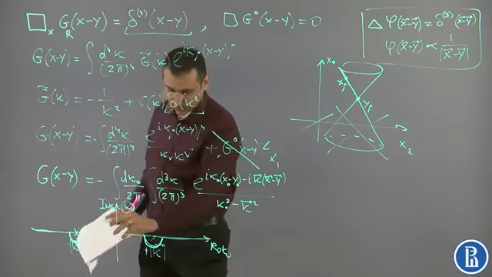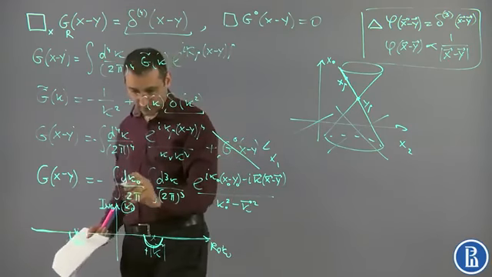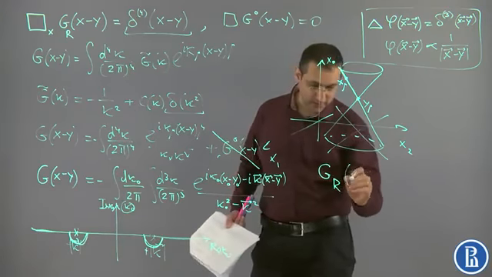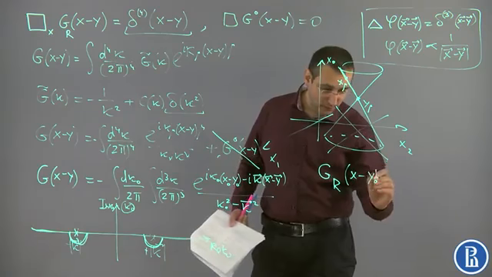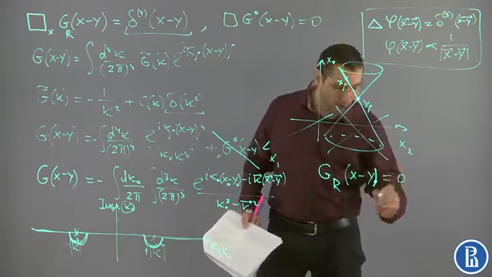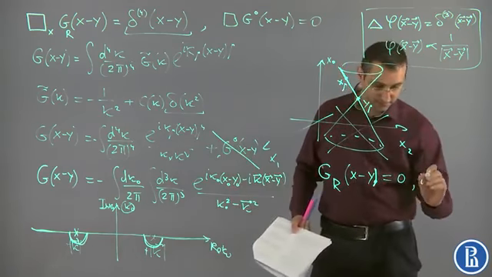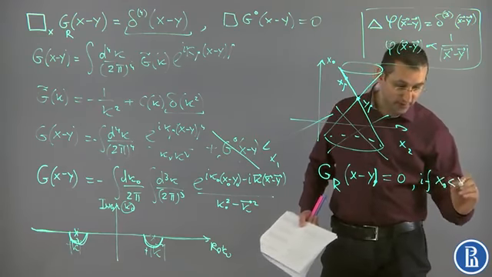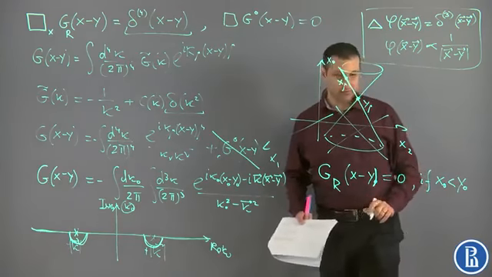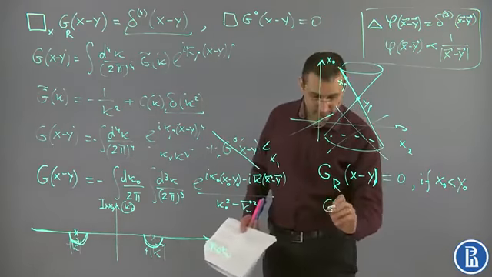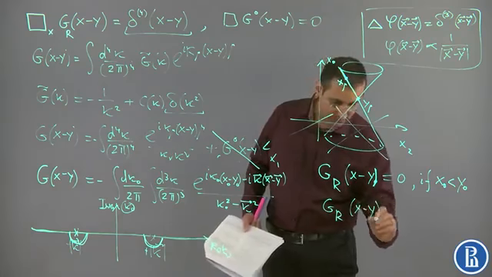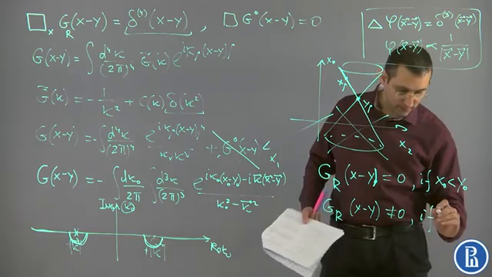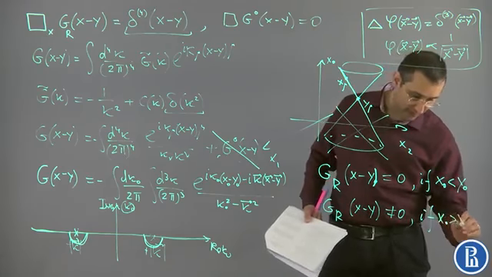So if we define the contour of integration over k0 like this, then we obtain the retarded Green function, which obeys the following property: it is 0 if x0 is before y0, but it is not 0 if x0 is after y0.